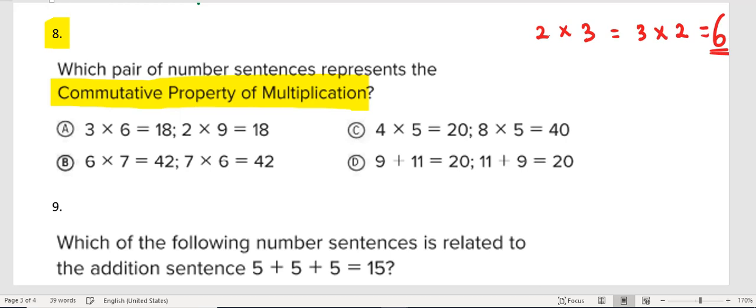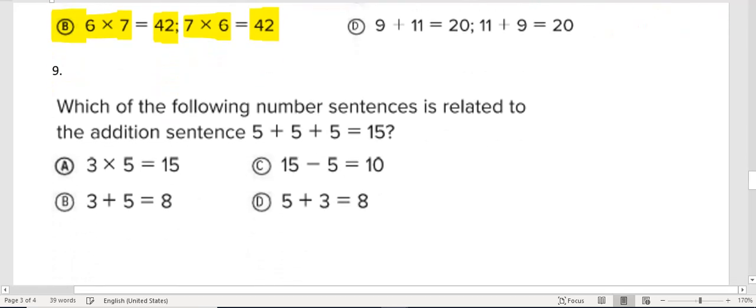This is the commutative property of multiplication. So if you go through all the options, it is this one that says 6 times 7 is now reversed to 7 times 6, you still get 42. So option B is the correct answer.